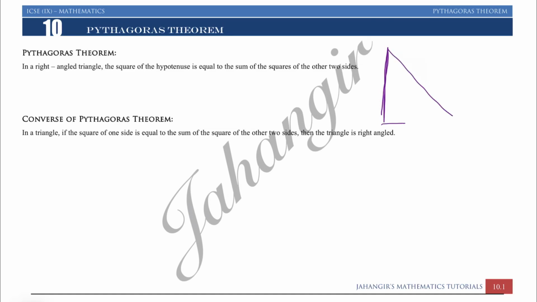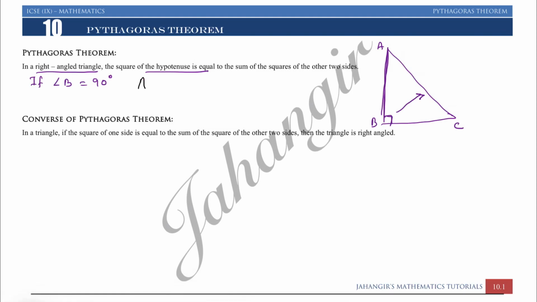So Pythagoras theorem is based on the right angle triangle, in which if in a triangle ABC angle B is 90 degree, Pythagoras works only in a right angle triangle. If angle B is equal to 90 degree of triangle ABC, then we can say the square of the hypotenuse. The side opposite to the right angle is always the hypotenuse.